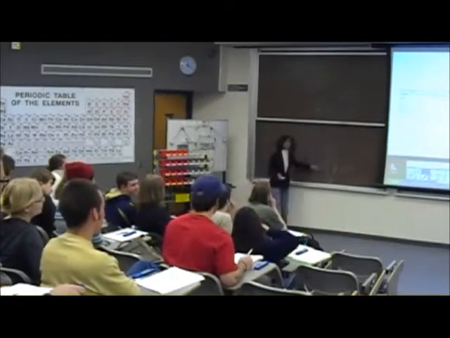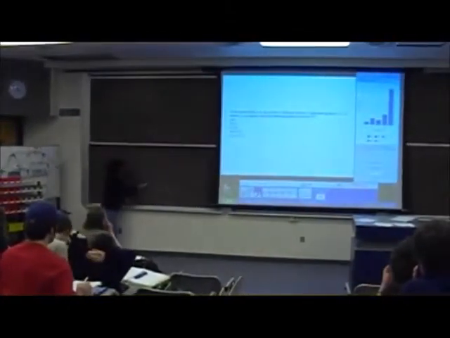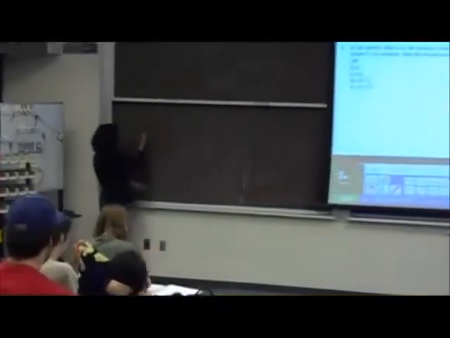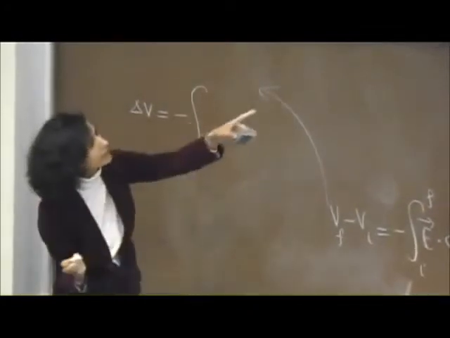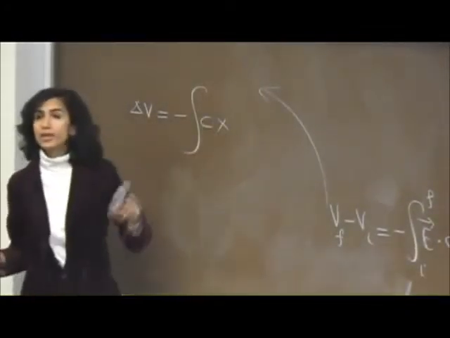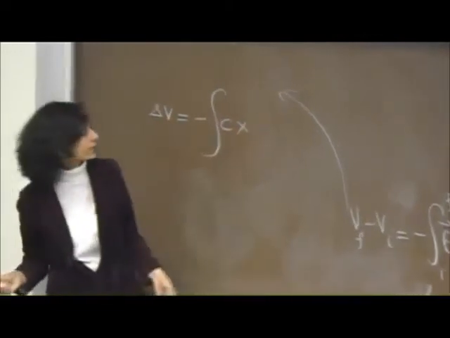Okay, we can make use of this relation, right? Do you see that we can make use of this? If we do, you can see that delta V is equal to minus integral E dot dl. In this case, it's a one-dimensional problem. The electric field only depends upon the x coordinate and not on other things.